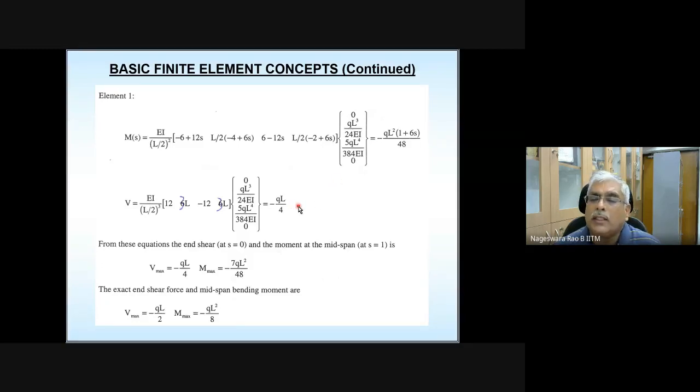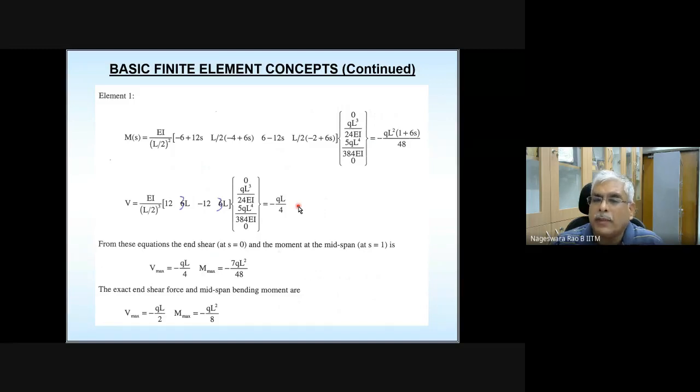Unless you see a problem, it may not be clear to you. So that is what we are going to adopt. The correction is the fixed end solution correction. To whatever bending moment and shear force you get, you add the fixed end solution correction, then that is going to give you a solution which matches the exact value accurately. Any questions here?